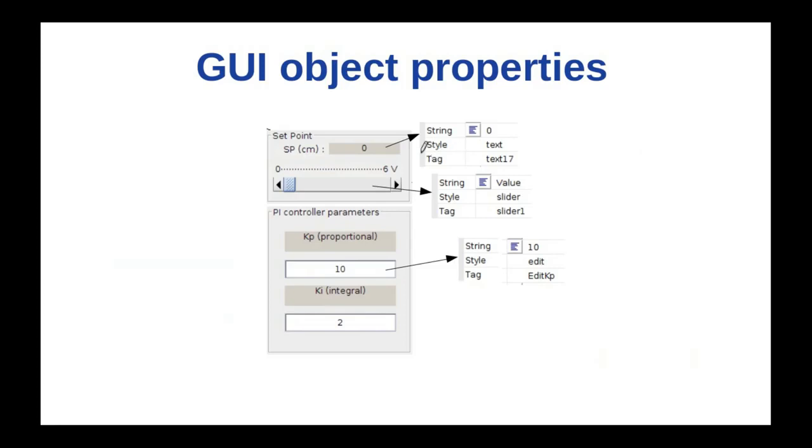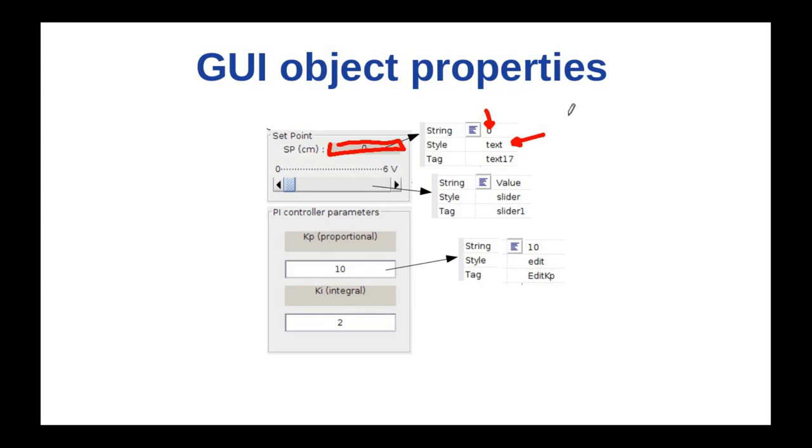So let's first have a look at the graphical user interface object properties. If you double click on this, that is a static text element, you can set the string that the user can see at the beginning once the application is open. Then you can define the kind, the style of element you are defining.